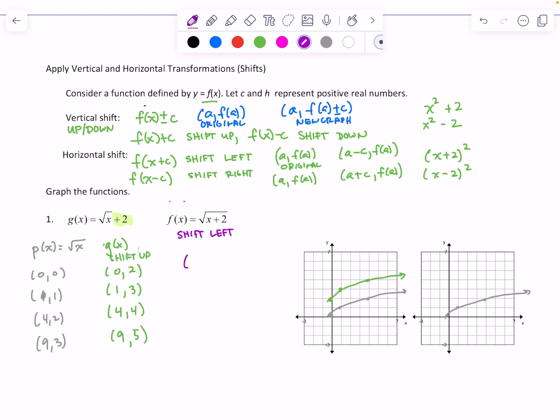So what we're going to see here is that for each of our original points, I'm using these points again, the original points on the graph, my y-coordinates don't change at all: 0, 1, 2, and 3. But my x-coordinates are all getting shifted to the left, which means I'm subtracting 2 from them.